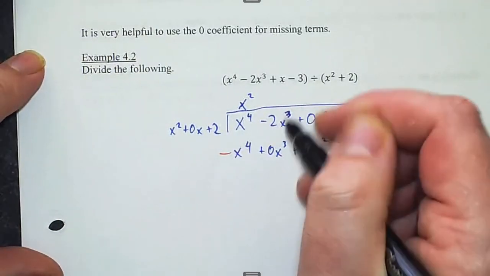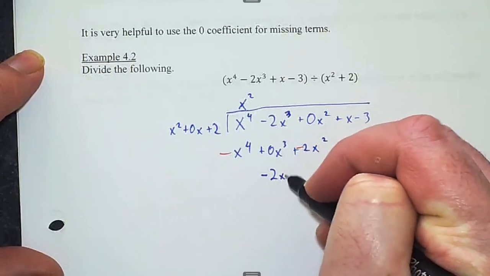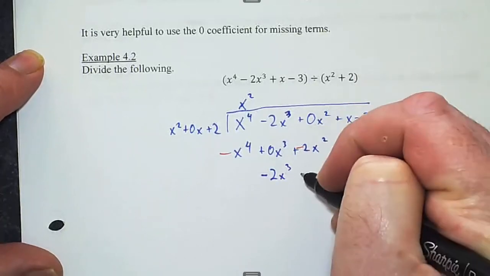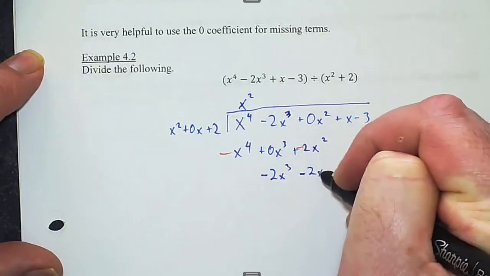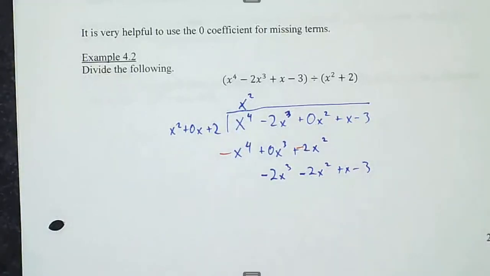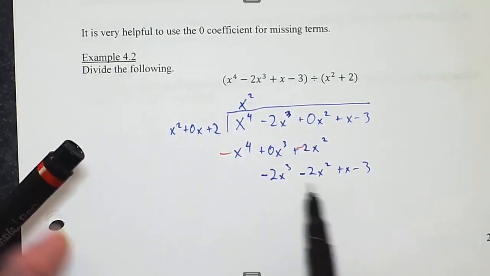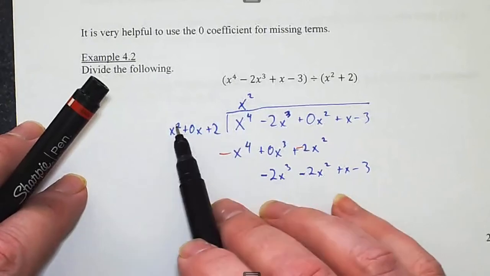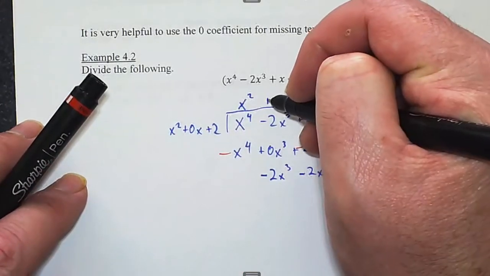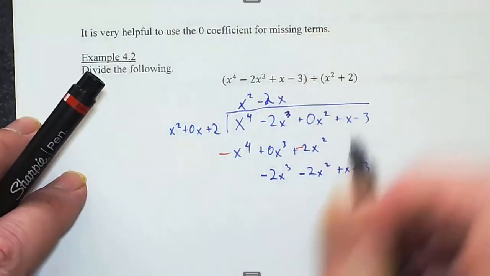So that cancels out, and then this is just negative 2x cubed, and then negative 2x squared, and then plus x minus 3. And so you can see that just having those 0x's really helped me keep things lined up and organized. Negative 2x cubed divided by x squared is negative 2x.